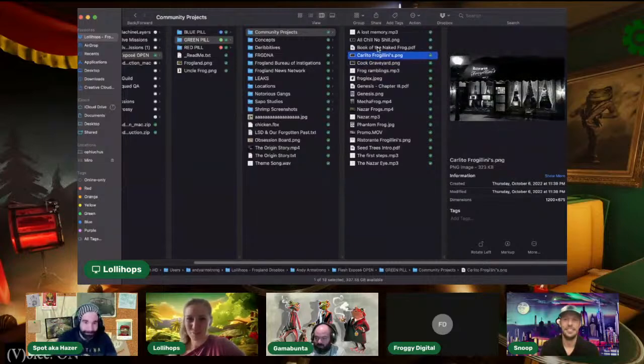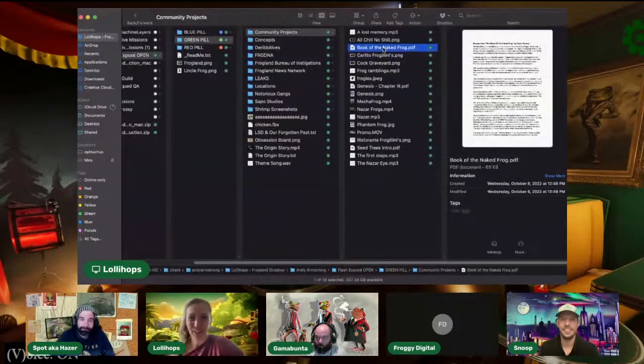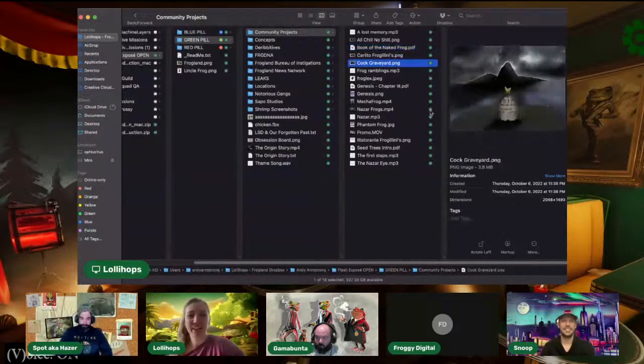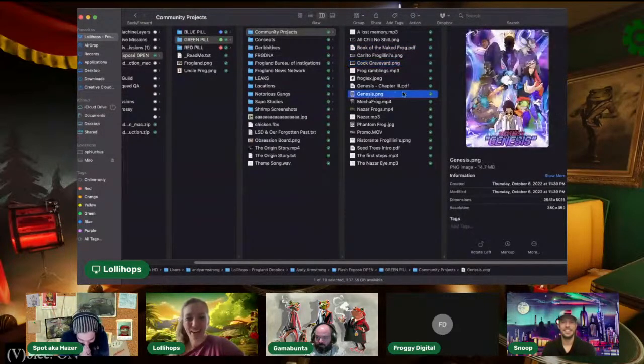Yes, there are some good community things in there. Carlito Froglini's, his restaurant in Frogland, Book of the Naked Frog, Legendary Cock Graveyard, of course. The Genesis with the Adventures of Fluffy Elliot, which is a comic book manga story being written by one of our other community members, which I think is just absolutely wild and super cool.